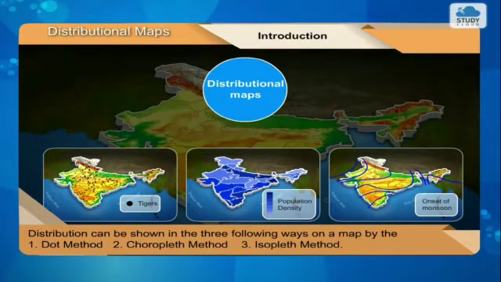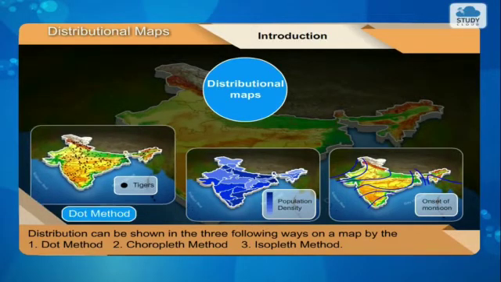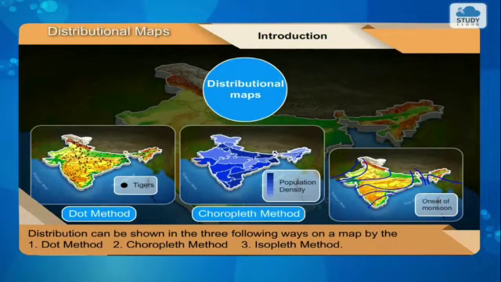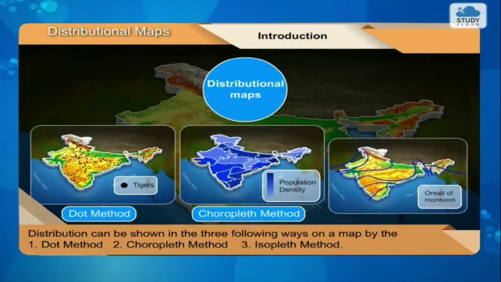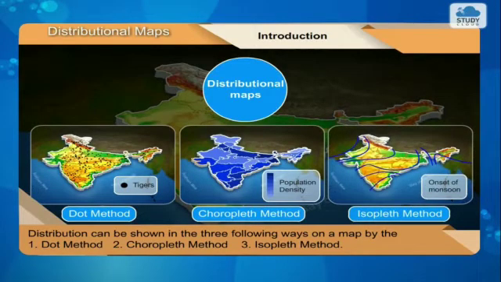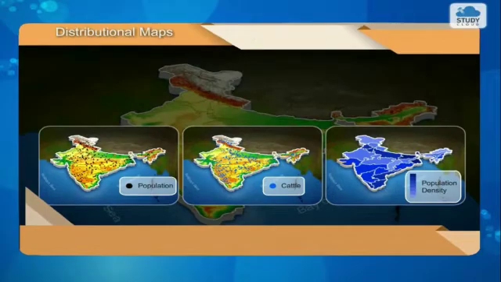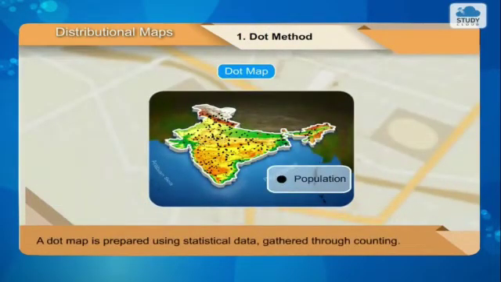Distribution can be shown in the three following ways on a map: 1. Dot method, 2. Choropleth method, 3. Isopleth method. 1. Dot method. A dot map is prepared using statistical data gathered through counting.